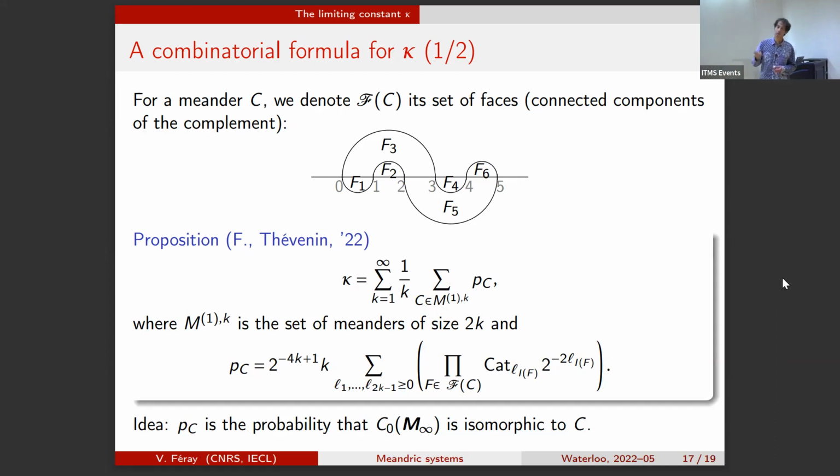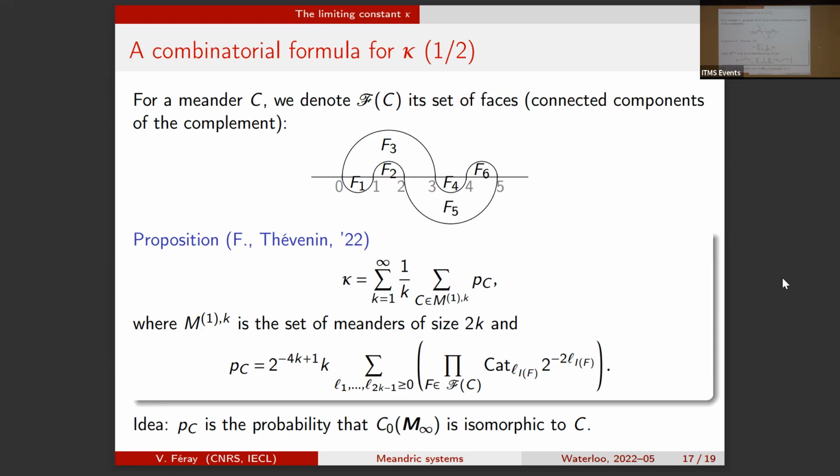And if you want to do that for a more complicated shape, for example, if you want to look at the probability that the component of 0 has this shape, here you need to put a non-crossing matching in what we call the face F1, a non-crossing matching in F3, a non-crossing matching in F2, and so on. And what we get at the end is a big formula like that.